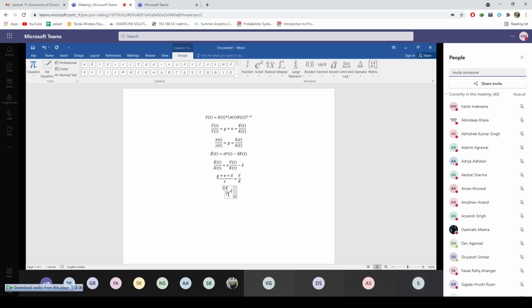Okay, then we know how to manipulate this equation to get the value of per capita output.